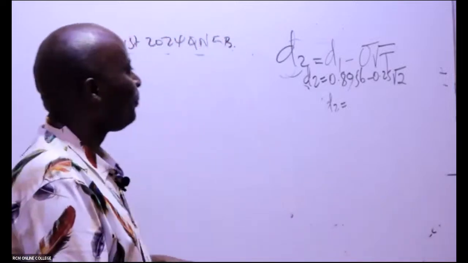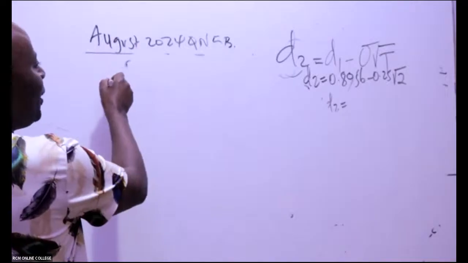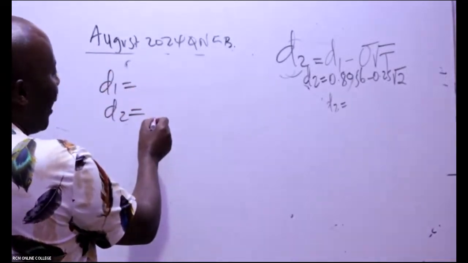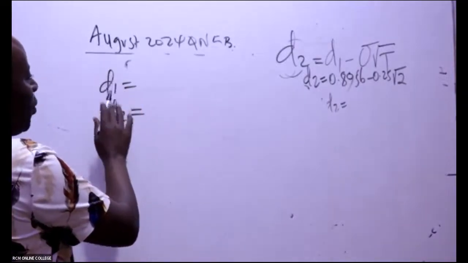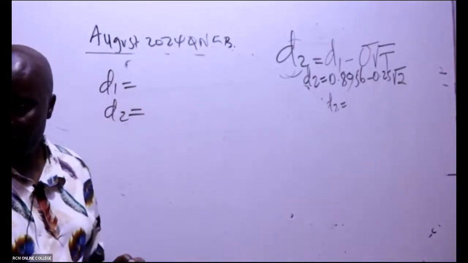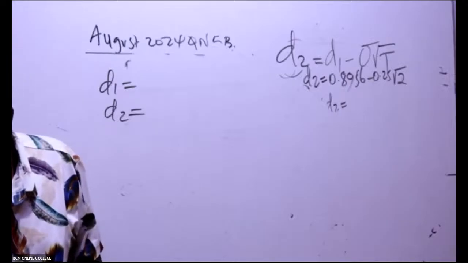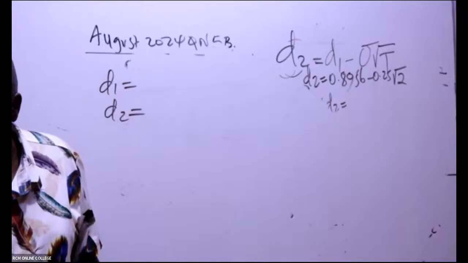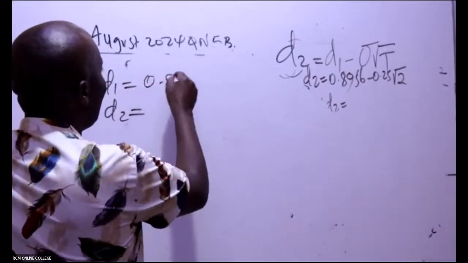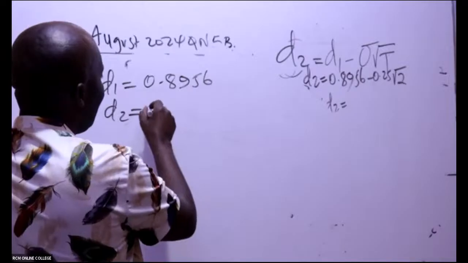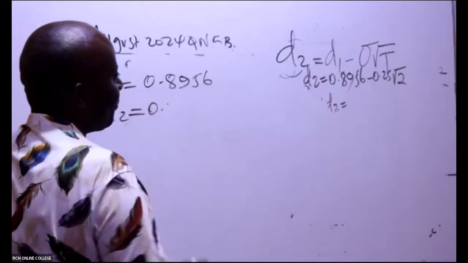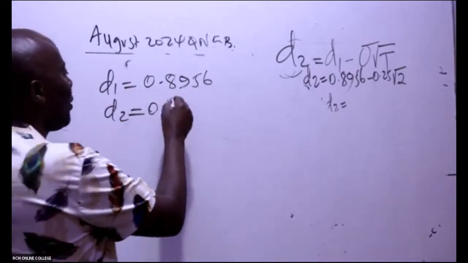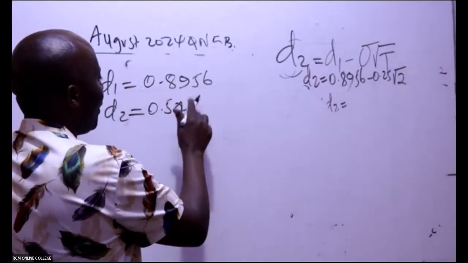So then we have our D1 figure and we have our D2 figure. Please remind Mwalimu, what is our D1 figure? Next is normalization. D1 figure is 0.8956, and D2 is 0.5421.